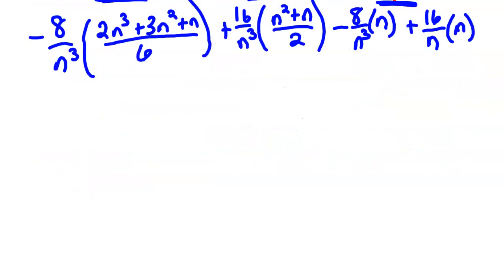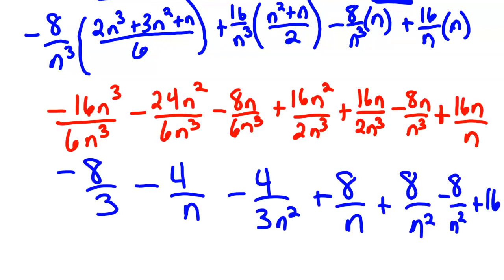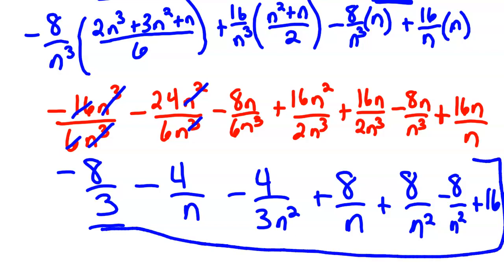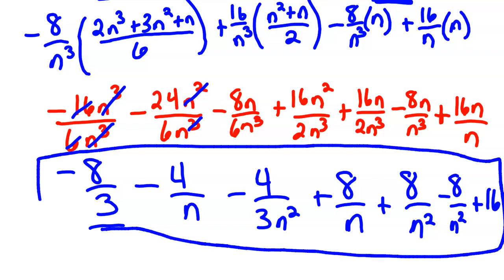So now we're ready to distribute these all through. And so I'll do that. We simplify that out. The n cubes cross out, 16 and 6 cross out. You're left with negative 8/3, n squared, and n. You go through, cross all this stuff out, simplify it. You end up with this expression here, which is just downright nasty.